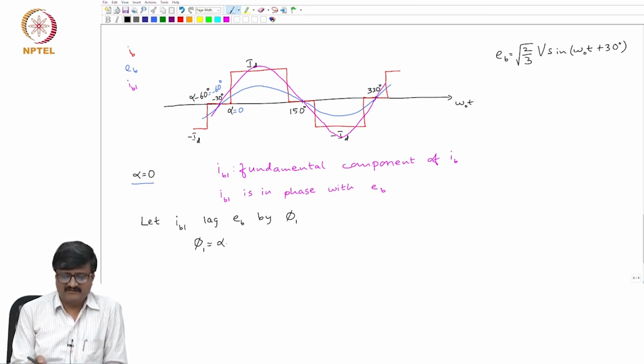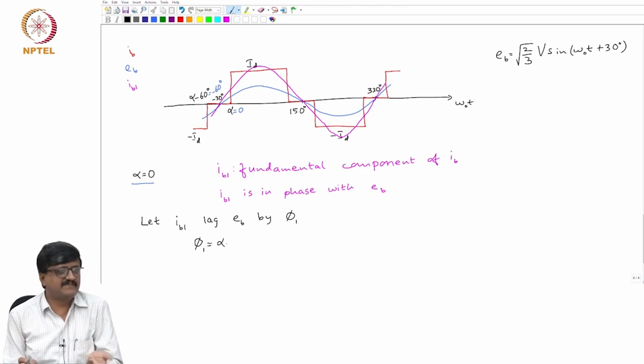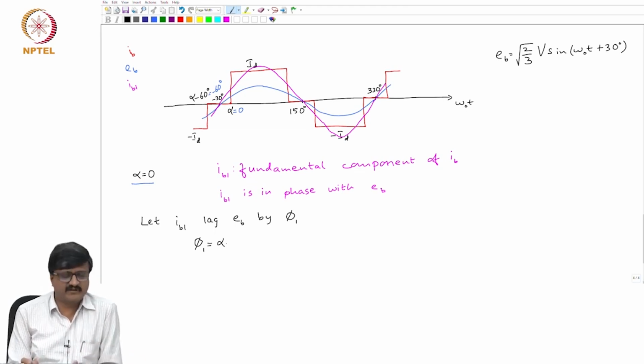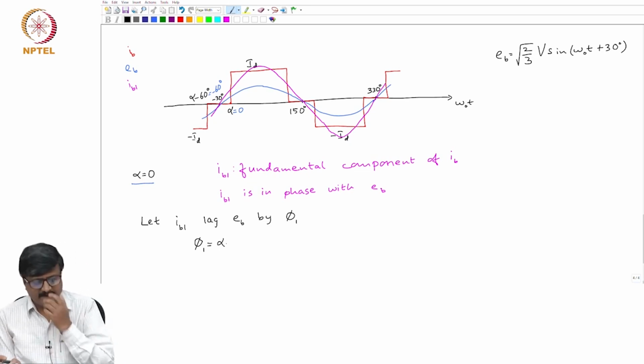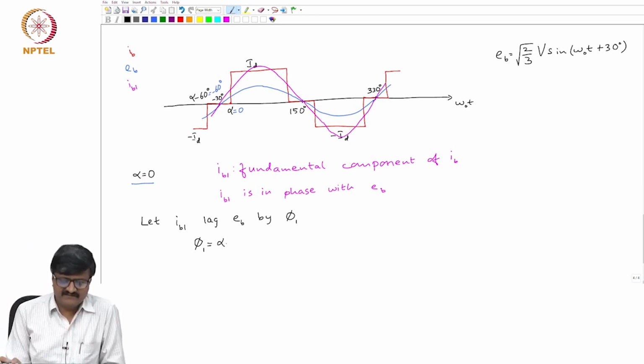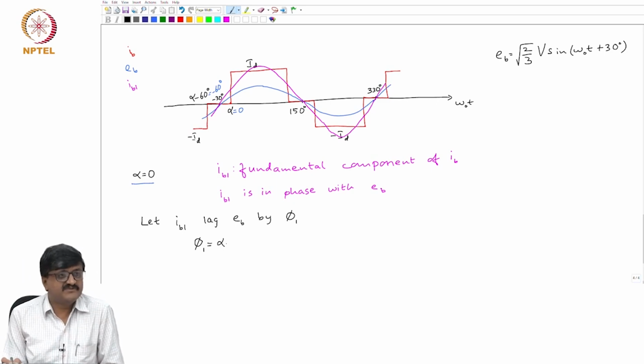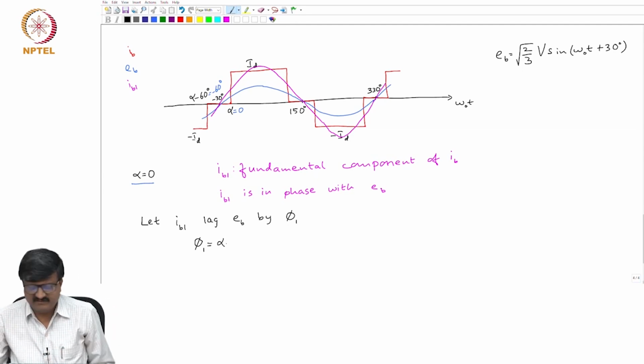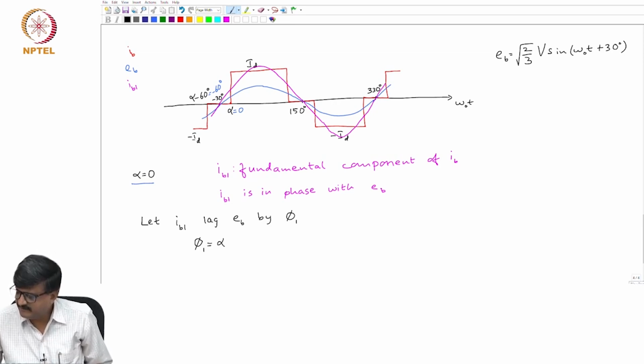I just introduced a notation phi 1, but it happens to be the same as one of the notations already used. So, phi 1 is the angle by which IB1 lags EB, and that happens to be equal to alpha. Now, we will use this result and get some more relations.